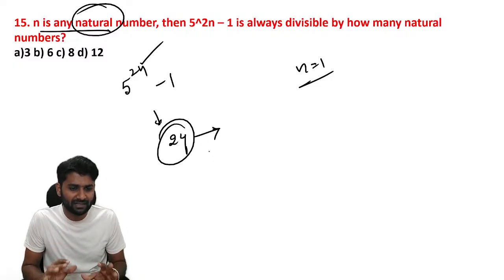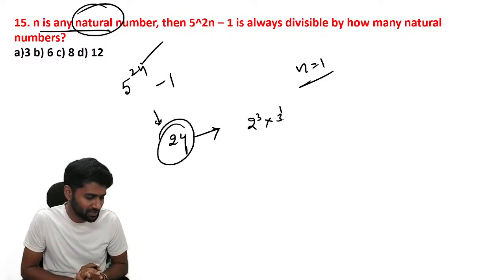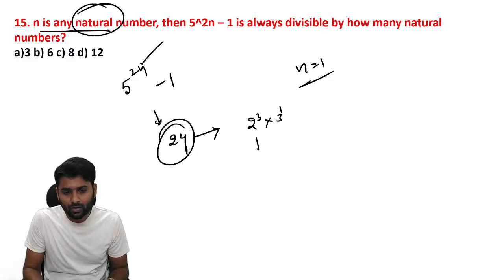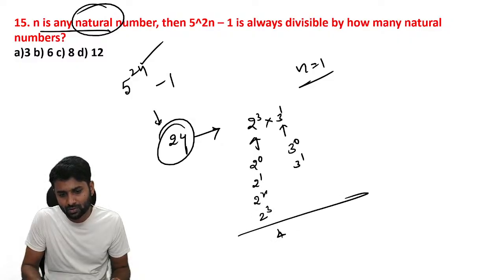How many factors does 24 have? 24 can be written as 2 cube into 3 power 1. Now 2 cube gives 2 power 0, 2 power 1, 2 square and 2 cube, and 3 power 1 gives 3 power 0 and 3 power 1. So in total, how many factors here? 8 factors.